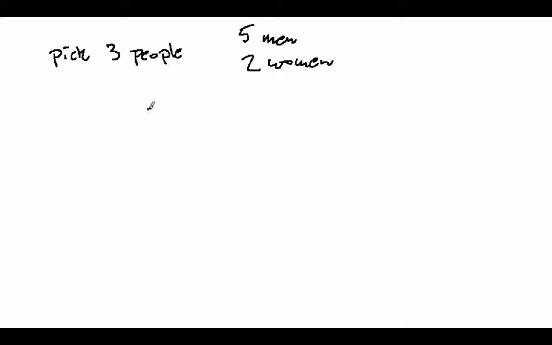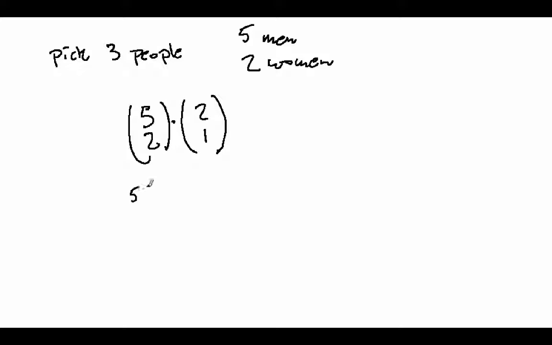So that means there are 5 choose 2 different ways to pick 2 men, and there are 2 choose 1 ways to pick 1 woman. Okay, and I just multiply these together. This is our old product rule over here. So there are 5 choose 2 ways to pick 2 men.